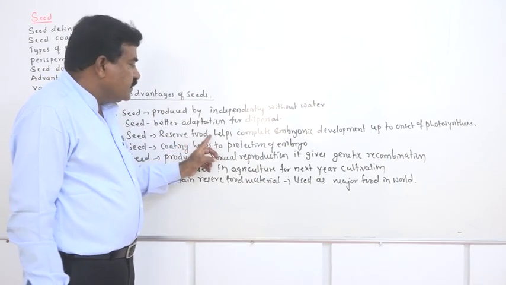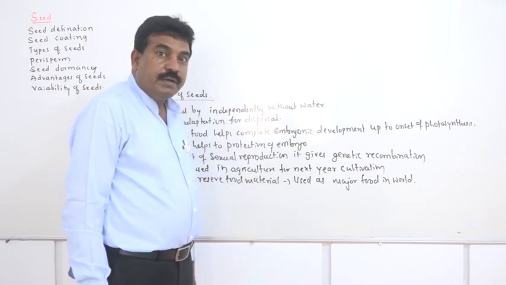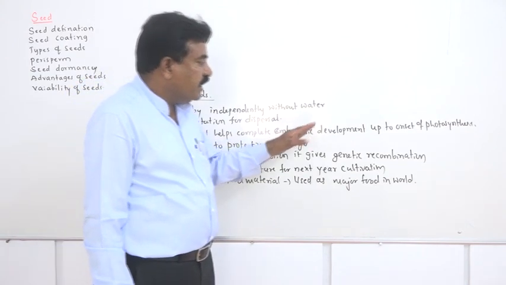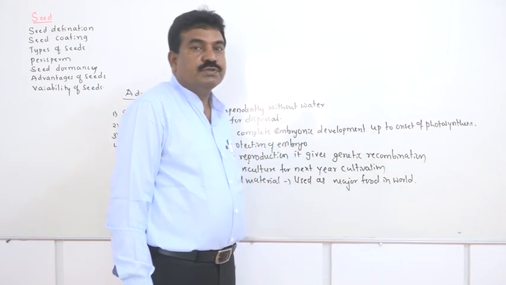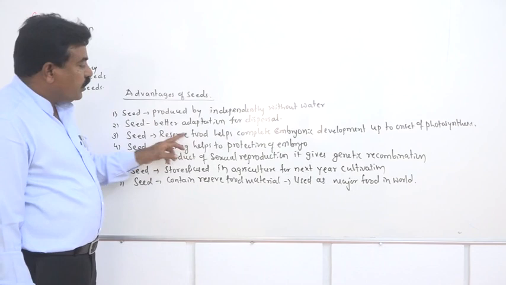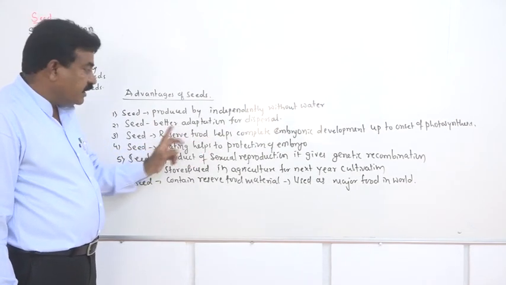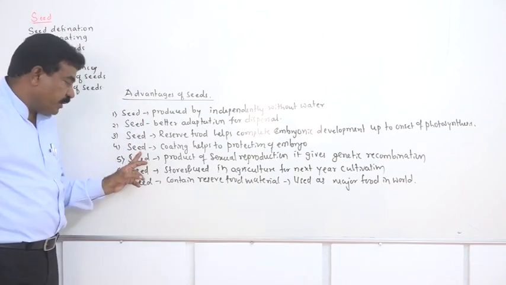They give nourishment for embryonic development. They give such good nourishment that even the complete young plantlet can start photosynthesis. They nourish the embryo as well as the young plantlet in the early part of its development. Hence, the seed is a very specialized reproductive body.